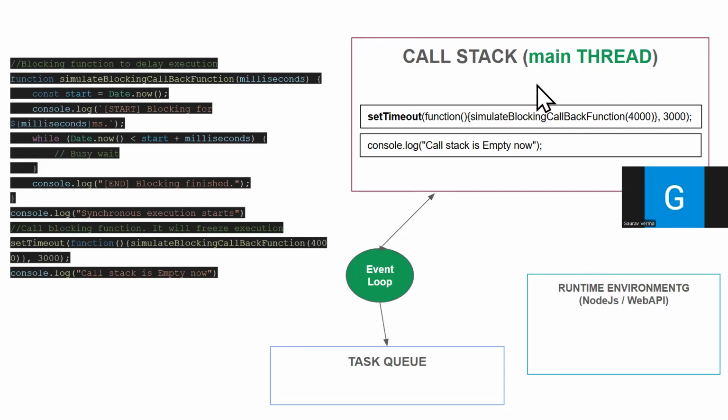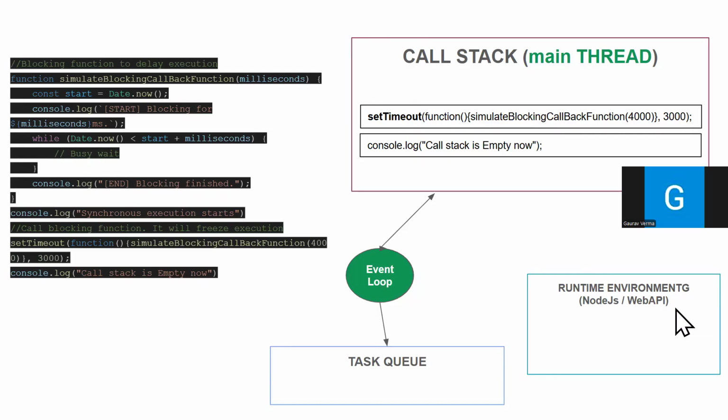This executed. Now it comes to the setTimeout. setTimeout is a web API. Now this web API is itself asynchronous. So JavaScript says, okay, let's say there is a second parameter, 3000 milliseconds. JavaScript delegates this call to the runtime environment, which can be the web API on the client side.